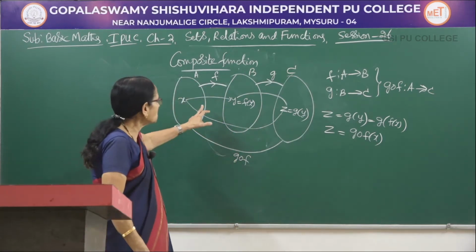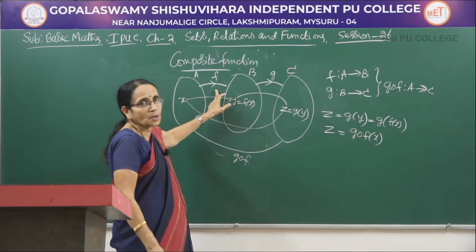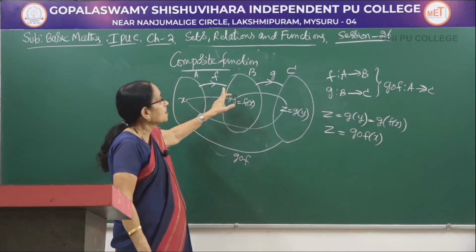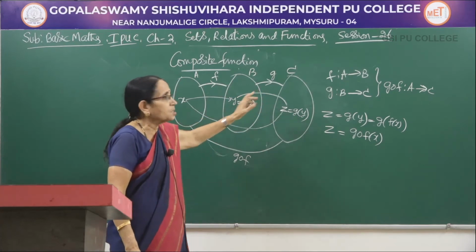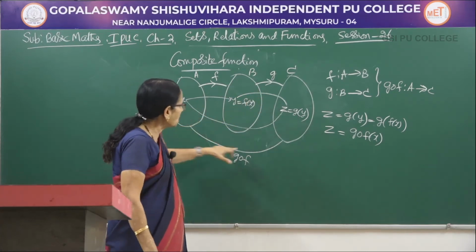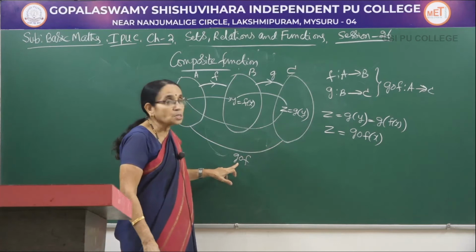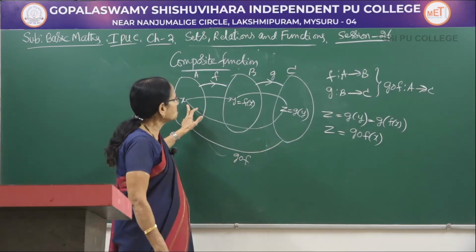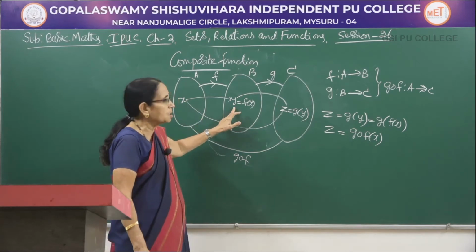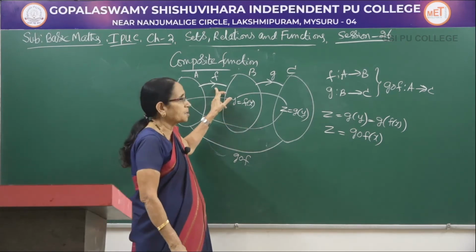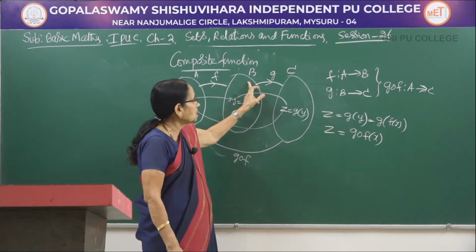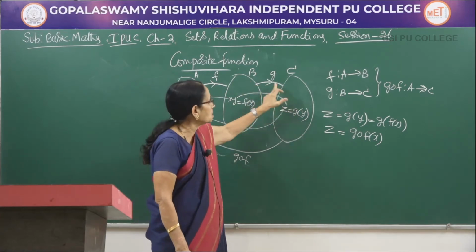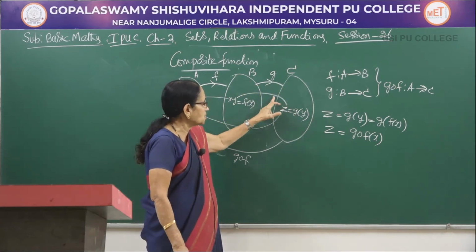So here from A to B we have function f defined. From B to C we have defined the function g. So from A to C the function g o f is defined. Now how does it act here? See, x belonging to A is associated with y belonging to B under f. y belonging to B is associated with z belonging to C under the function g.